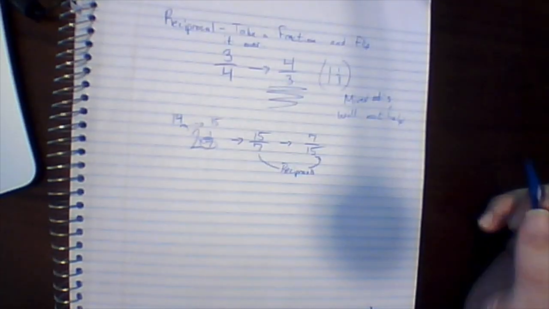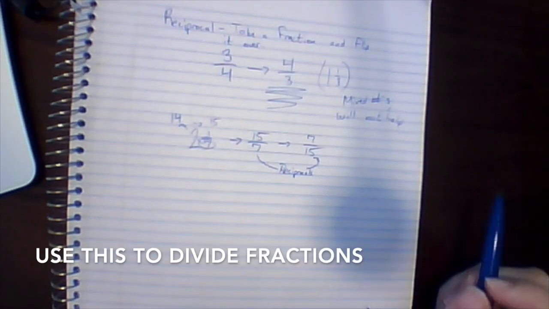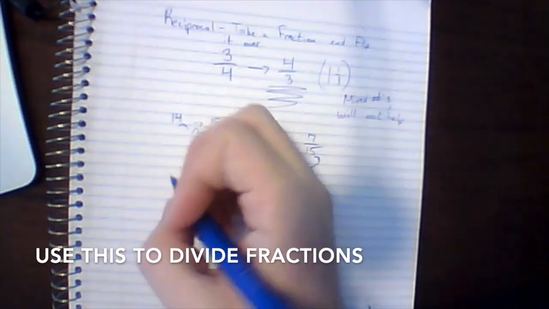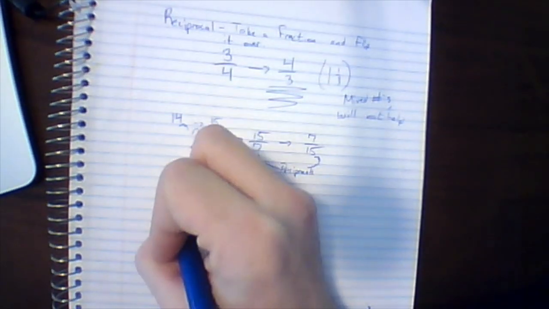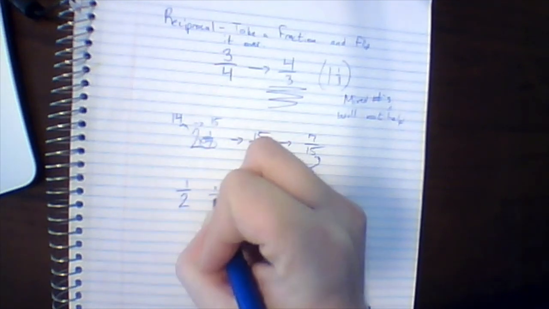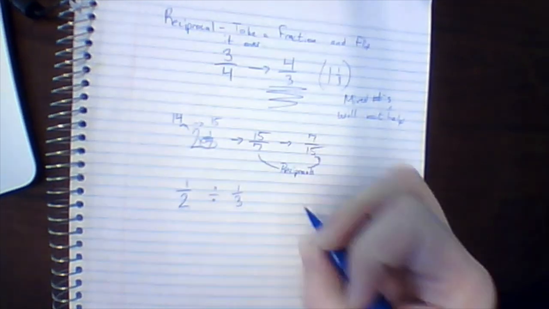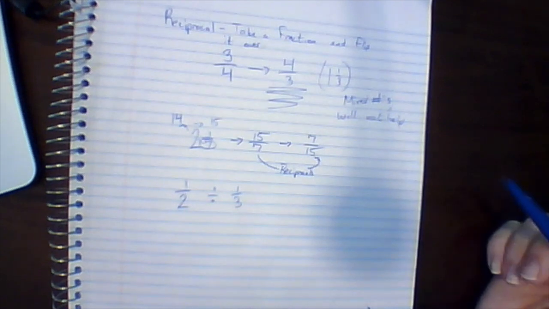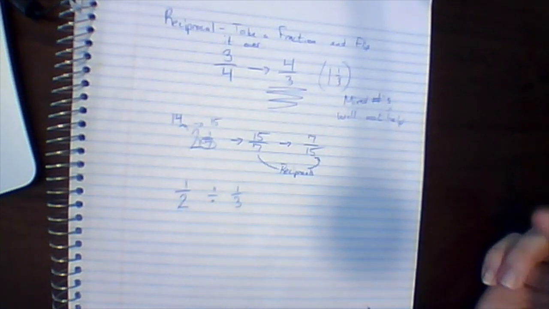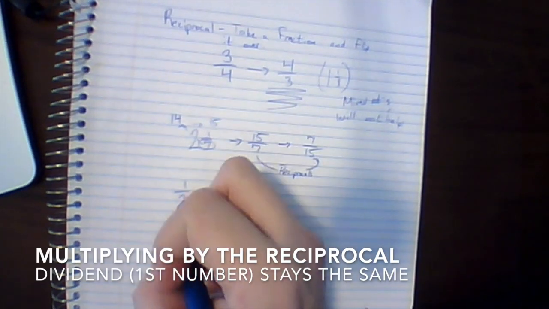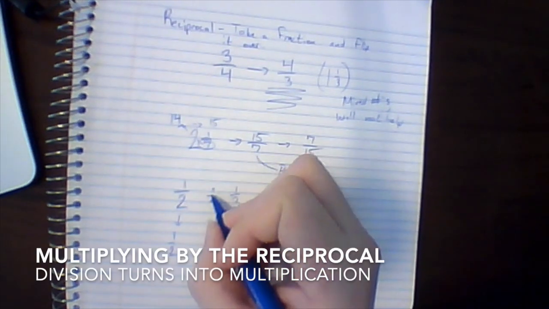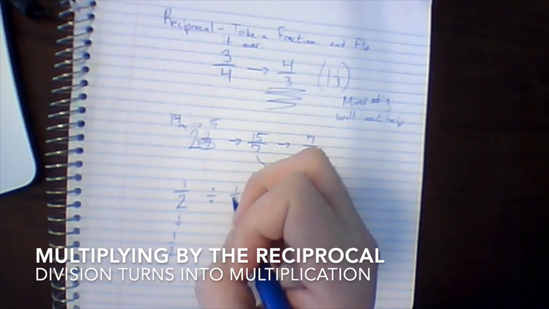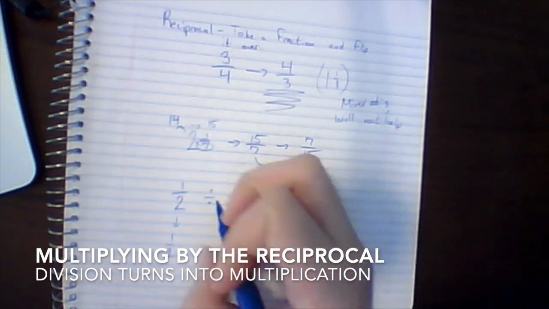All right, so the next portion is how do we apply this to dividing fractions? If we were to start out with something easy, like let's say 1/2 divided by 1/3. Again, this is all the same stuff as before. The first number is always going to stay the same, so 1/2 stays as 1/2. Instead of dividing by the fraction, you want to multiply by the reciprocal of what you're dividing by.